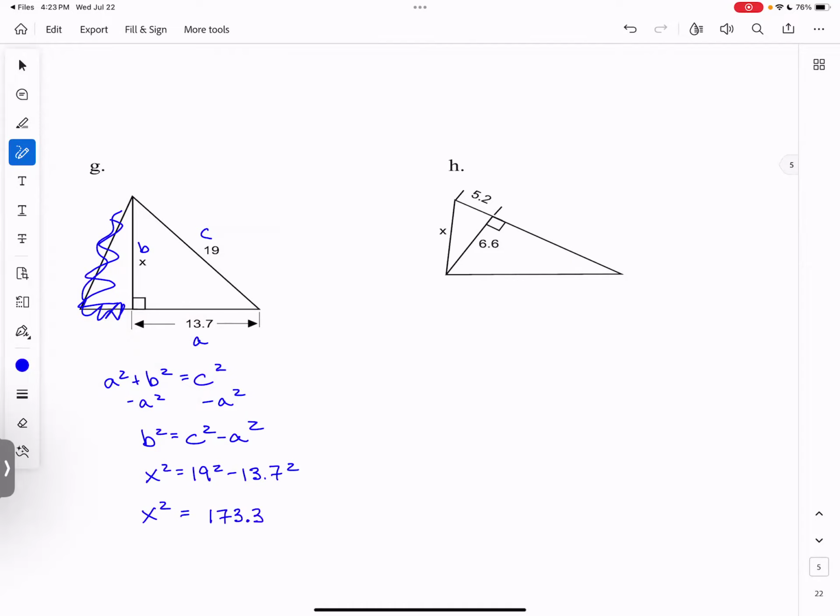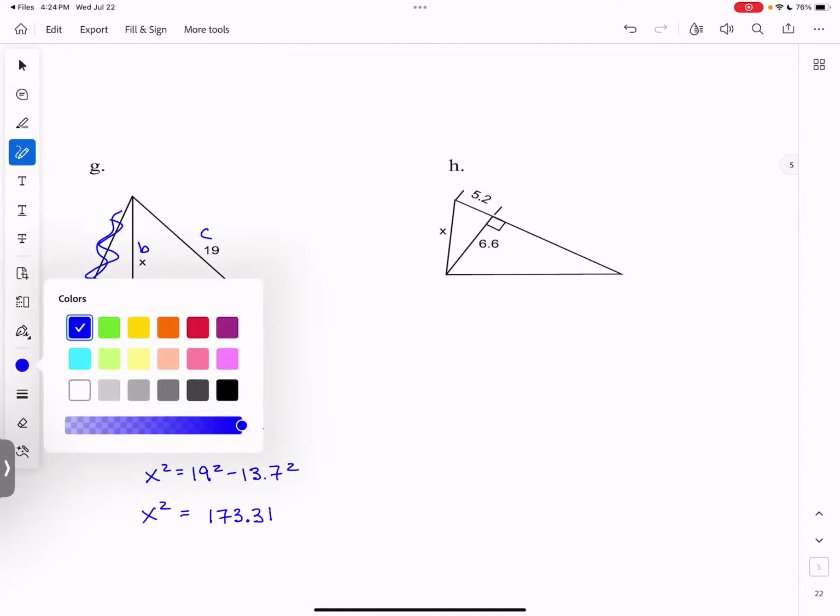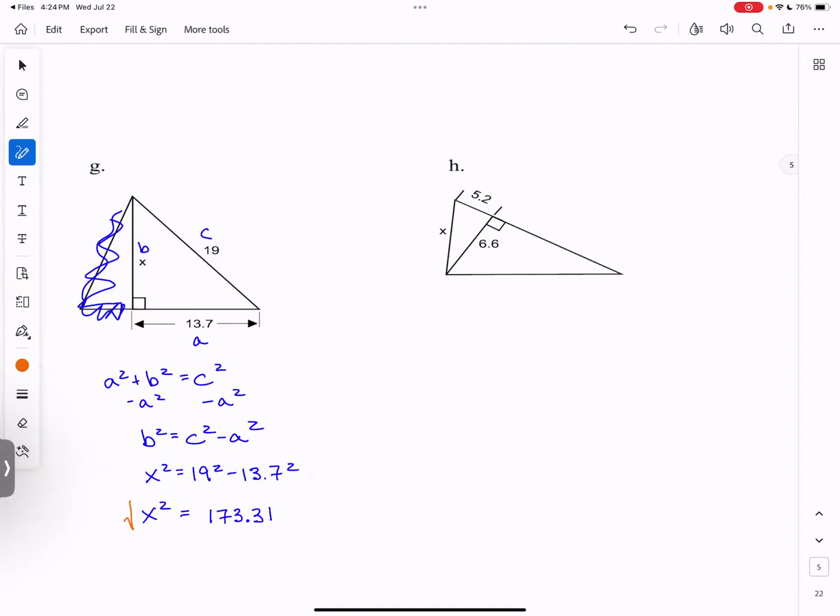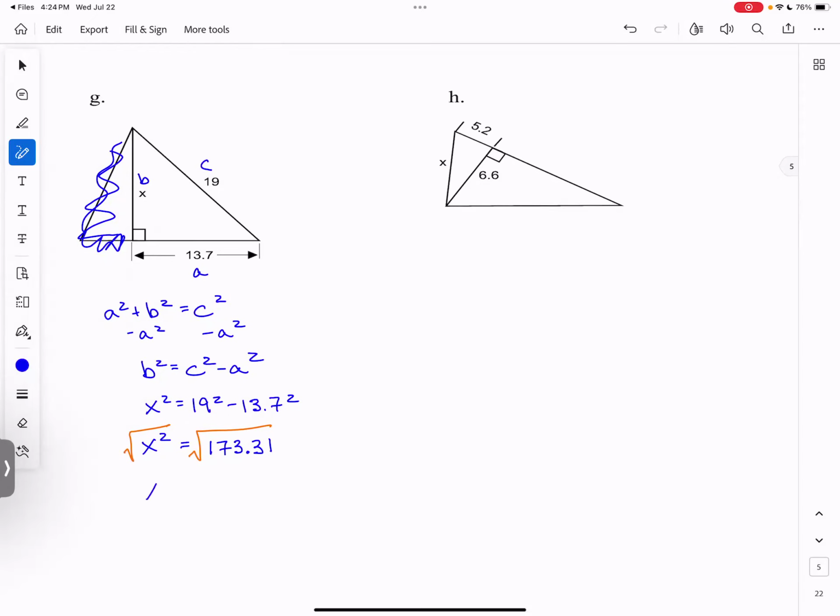Try not to round this number, by the way, because you're using it in downstream calculations, so it's good to leave that number full, all the decimal places. Let's square root both sides. That's also an advantage of using the answer button, because I can just go square root of the answer, and it's going to keep all those decimal places in there for me. And then when I round to the nearest tenth, I've got like 13.164, so I would get 13.2.